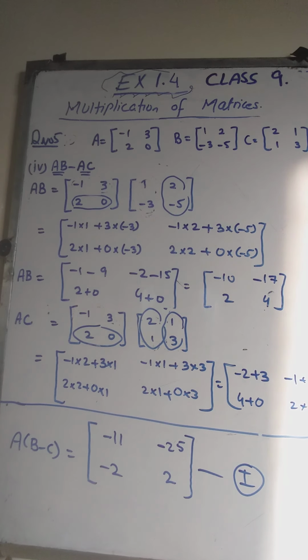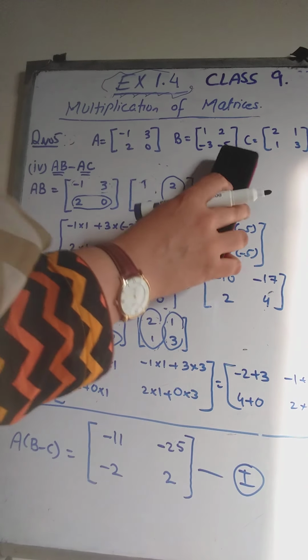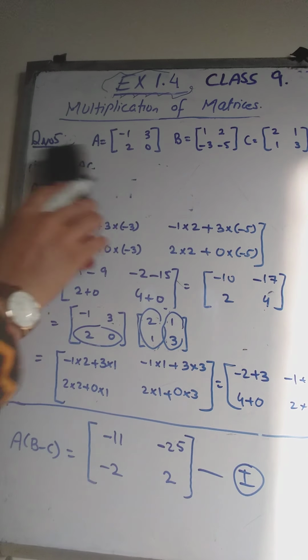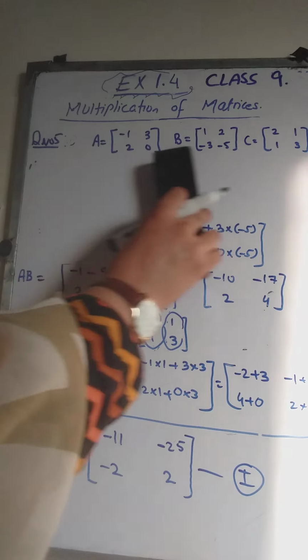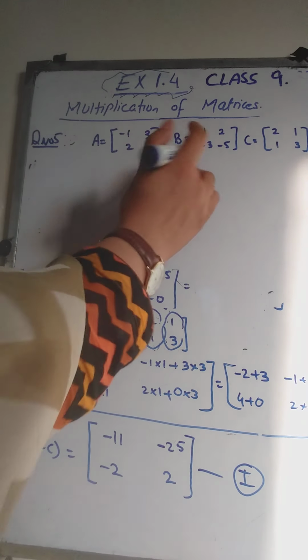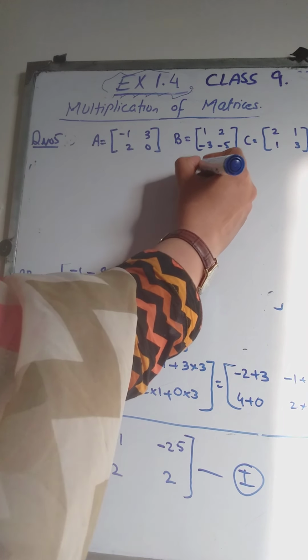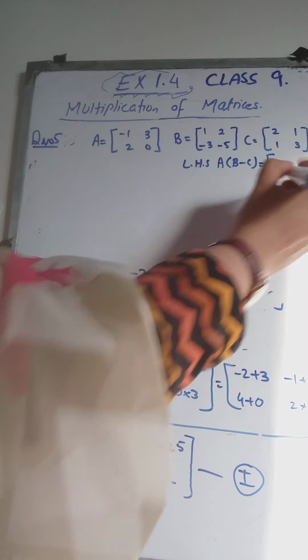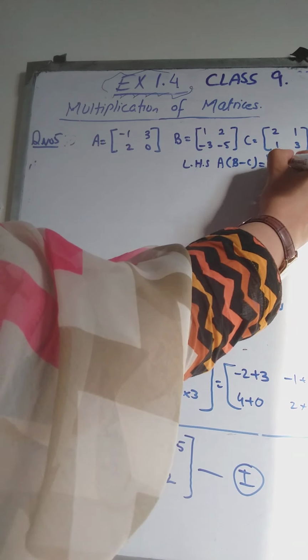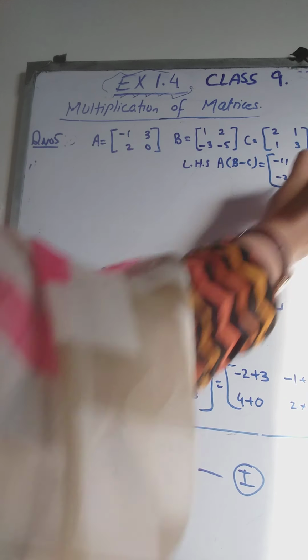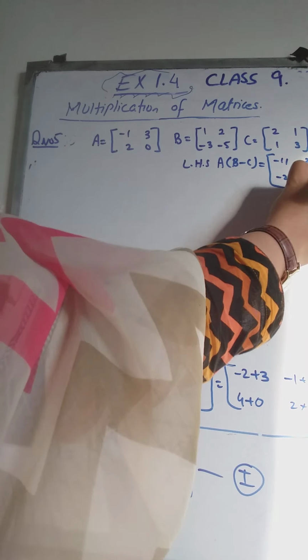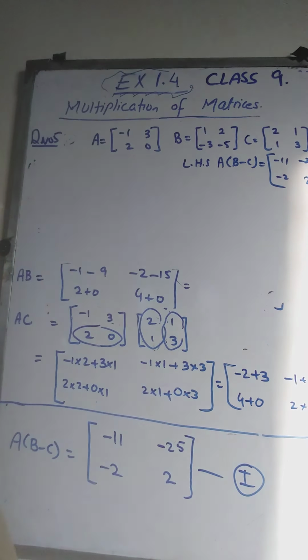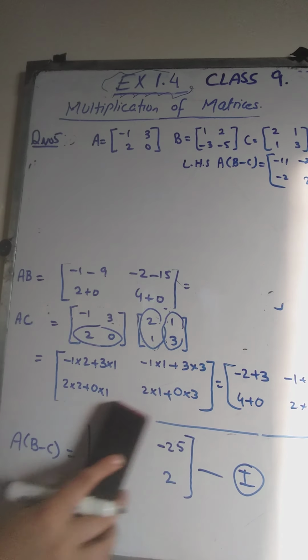Okay, let me erase this expression and I will write it over here. The left hand side, which we had calculated, A into B minus C, is equal to negative 11, negative 25, negative 2 and 2.